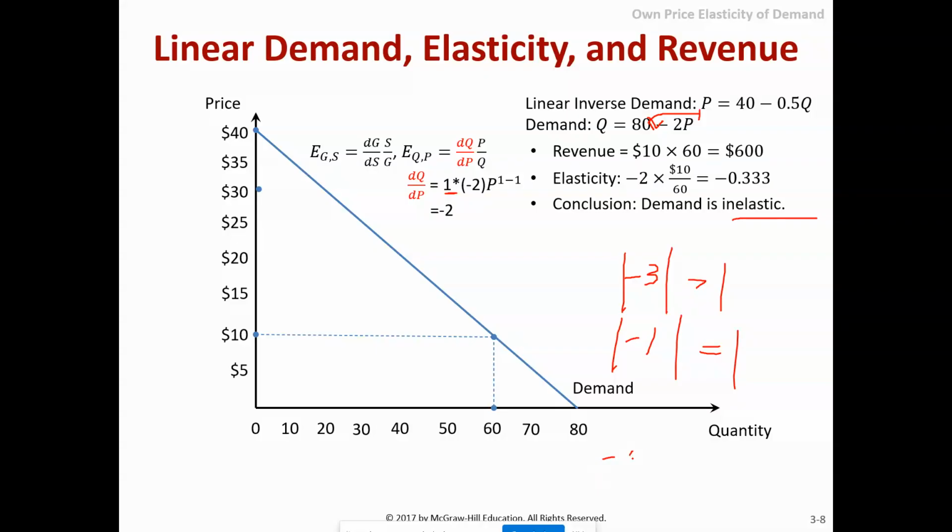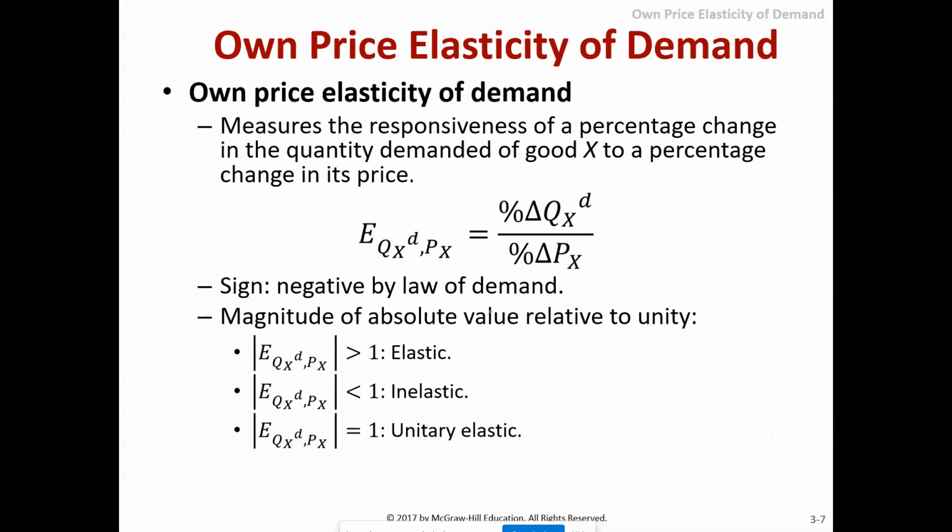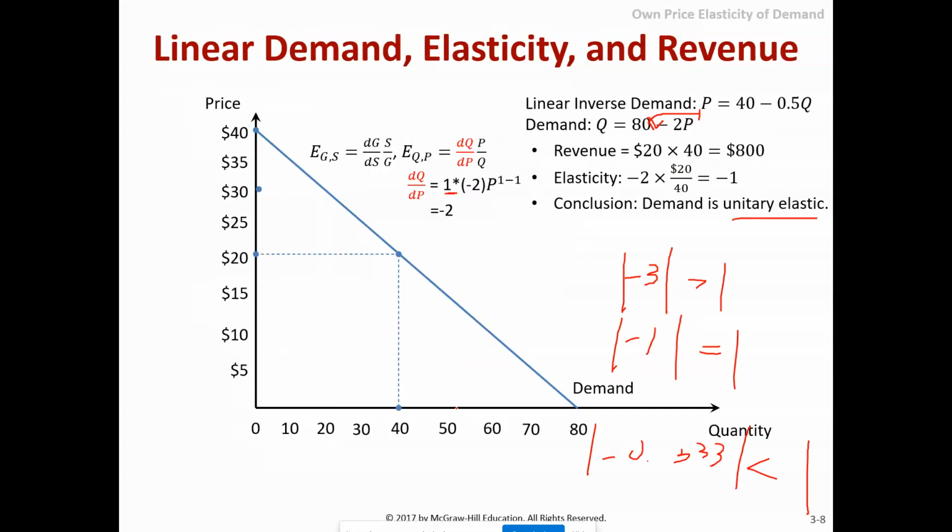And the absolute value of -0.333 is smaller than 1. So quantity is not that responsive to price change. So it's inelastic. Okay.